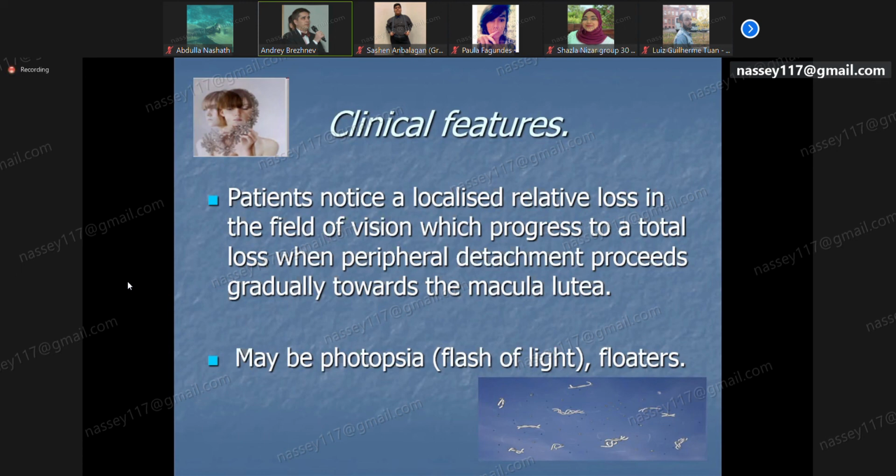At the early stage, there may be photopsia. If you ask the patient, he will say, yeah, I see flashes of light in different areas of my visual field. Or floaters: black spots, dots, flies in front of the patient's eye.